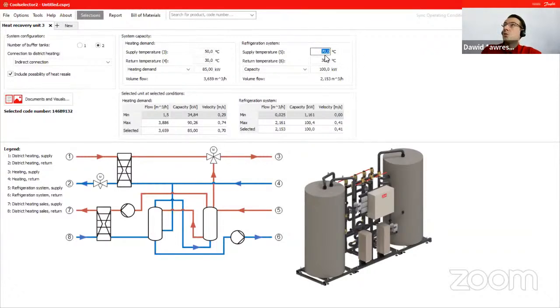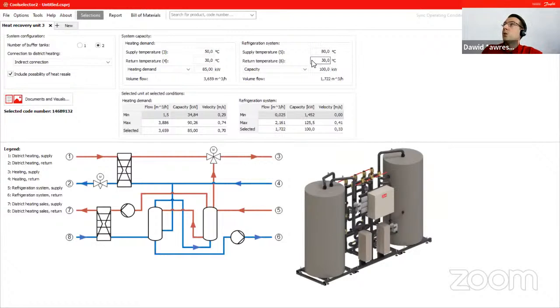So this is the charging temperature. This is the value which I showed previously for selecting the CO2 water heat exchanger. So here we can say that it's not 70, it can be even 80 degrees.